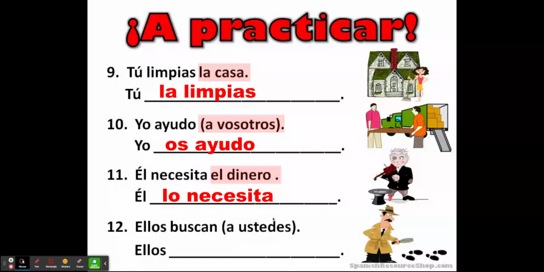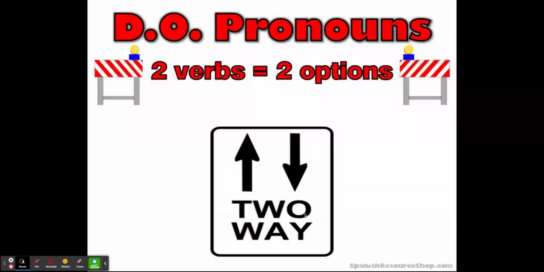Again, we have that phrase, a ustedes. The personal A. Then you're going to replace this with the direct object pronouns. And if you guessed it, los, you're correct. Los buscan. Good.